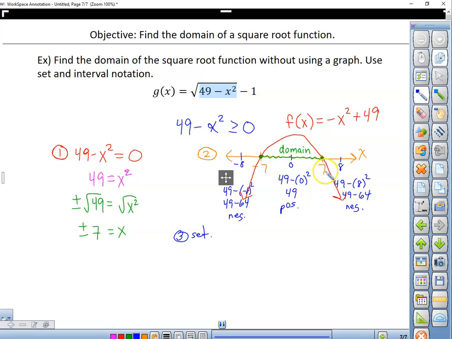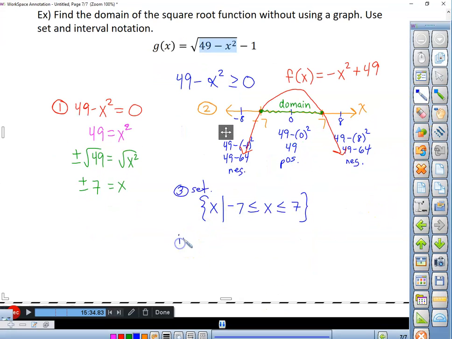So now, when I look at this to do my set notation, this is one interval, but it does have to be represented with what we call a compound inequality, because these are the numbers between and equal to negative 7 and positive 7. So our set notation, if you recall, looks like the set of all x's such that negative 7 is less than or equal to x, and x is also less than or equal to positive 7.